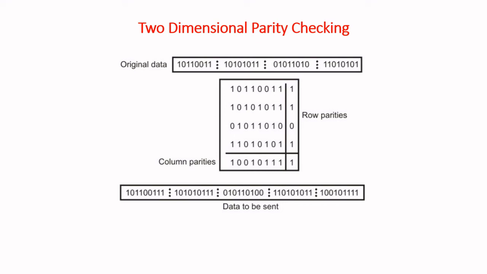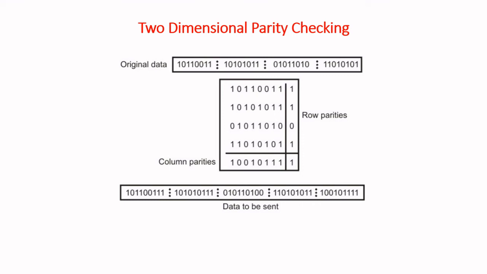With the help of this data, we also have to calculate column parities, because it is two-dimensional parity checking. When we see the first column, there is 1101. The number of ones in the first column is 3, so 1 is added for making it 4, or even. In the second column, 0011, the number of ones is 2, that is already even, so we add 0. In this way, for all the columns, the parity bit is also calculated.